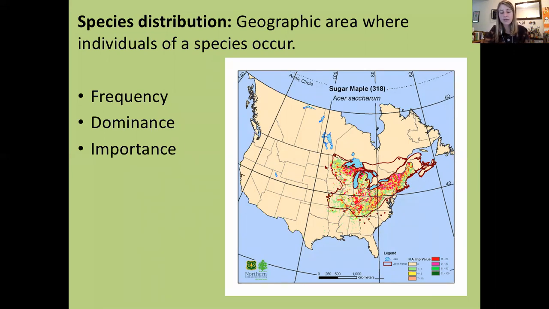You can look at dominance, and this is often done through basal area, so basically how much area the tree or plant is taking up. And lastly, you can look at importance, which is a sum of the frequency and the dominance. So you're taking into account the size of the individuals as well as the numbers.